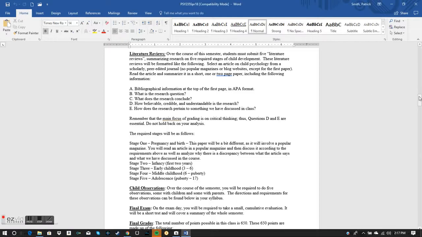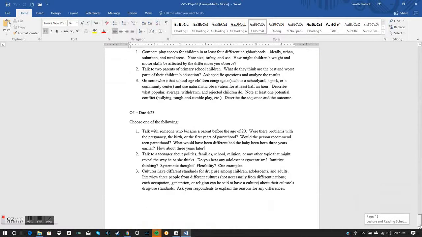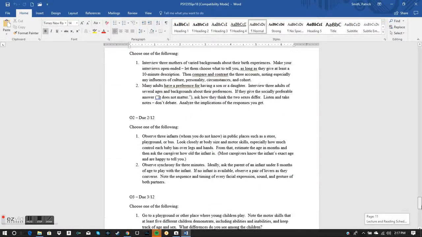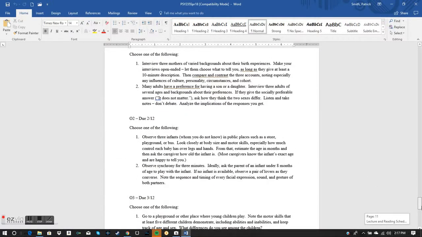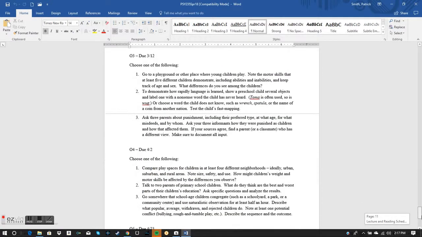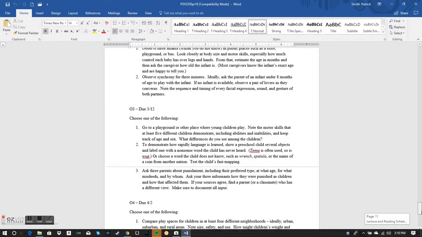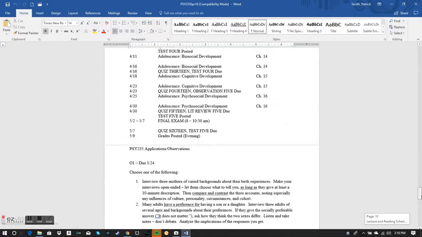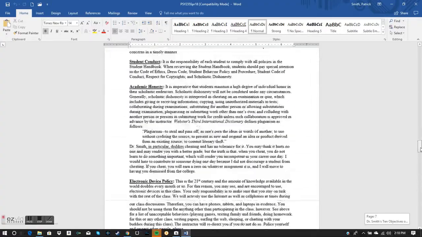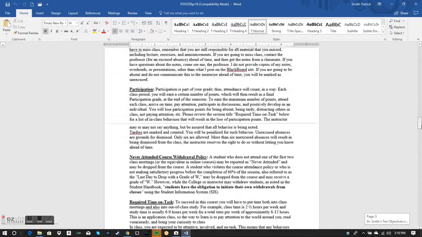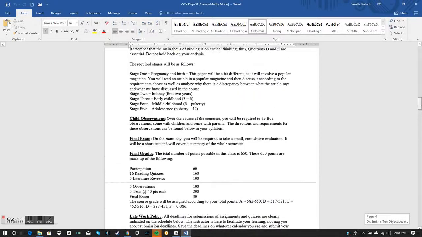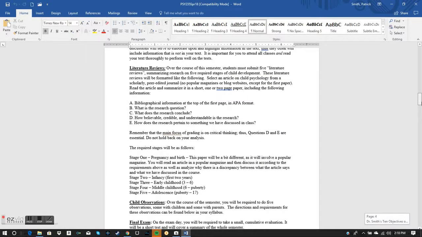Okay, roll down here, literature reviews or observations. At the end of the syllabus, there's more explanation, there it is, of what those child observations require. So, as we're reading and discussing things in class, we're talking about principles. Child observations give us an opportunity to see how real people are exemplifying what we're talking about in class.